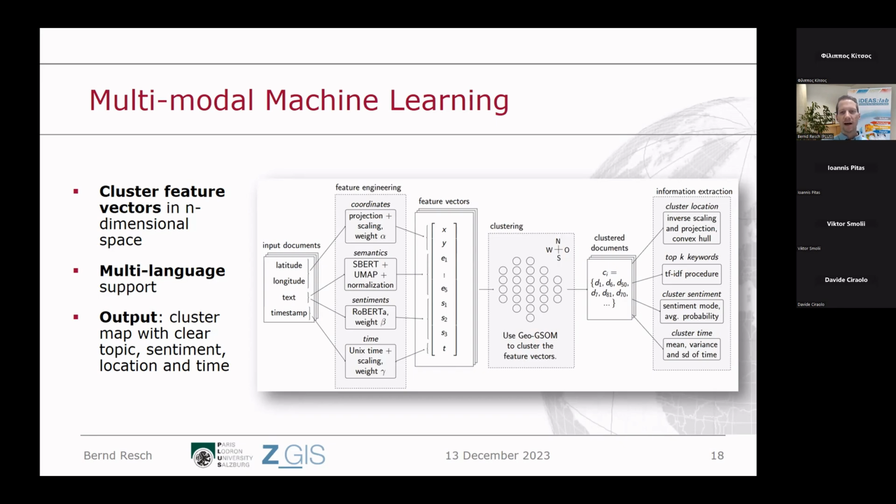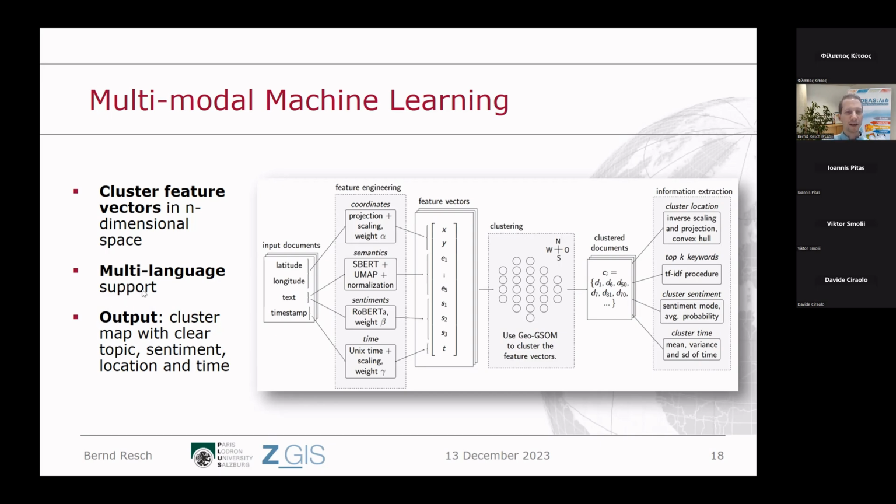Good. In the end, the clustering means that we go from an n-dimensional space, which can be more than a few hundred dimensions, into a two-dimensional space that we compress. So that's the clustering of feature vectors in n-dimensional space. The output is a cluster map. Map not necessarily in the cartographic sense, but still, with clear topic, sentiment, location, and time information.